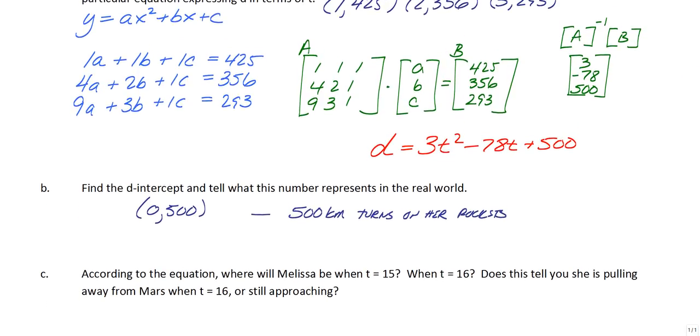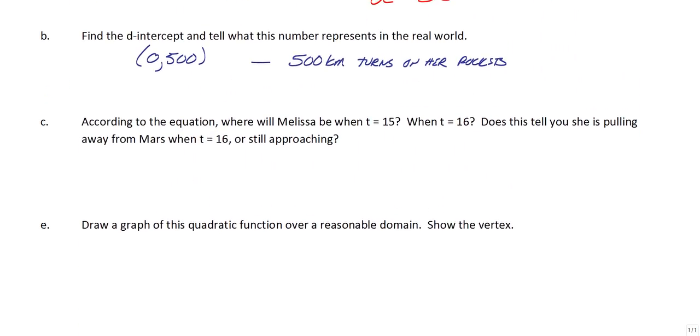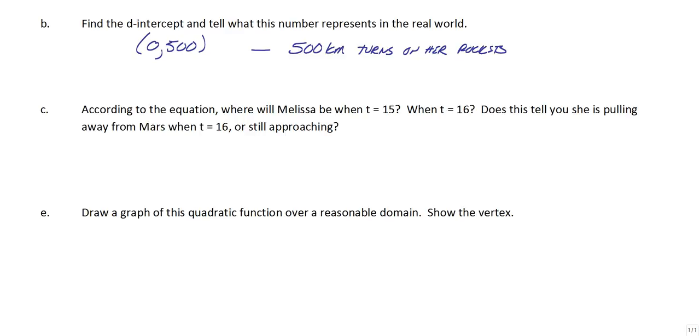And then we're going to answer some more questions. According to the equation, where will she be at t equals 15? Well, if you just go look at the table of your graphing calculator after typing that into y1, you will find out that if we have d of 15 and substitute that into the equation, and you could do this by hand if you want to, you could just plug that into t, either way you do it, you're going to end up with 5.